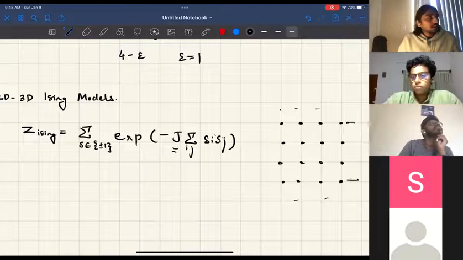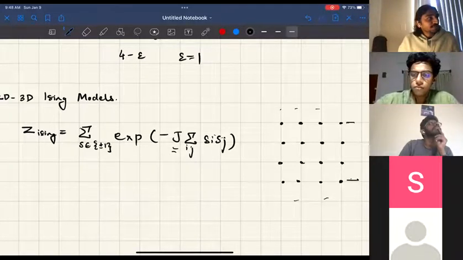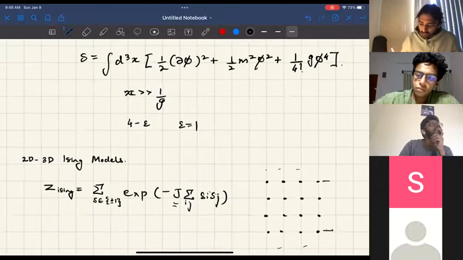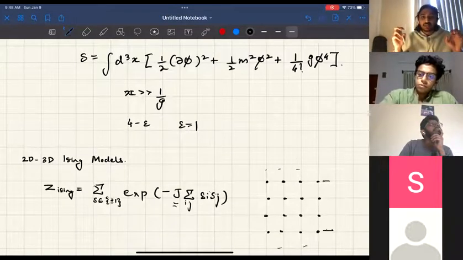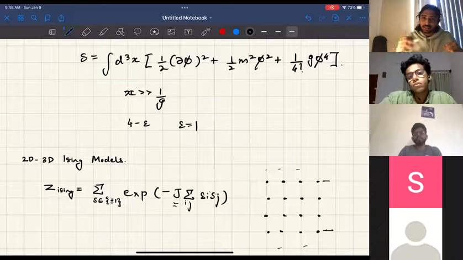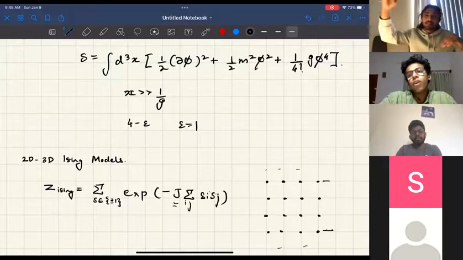So the thing is, over here we had the action previously, which essentially gives you the dynamics, but not time dependent in a way. And that's where your path integral picture comes in, where you slice up time.